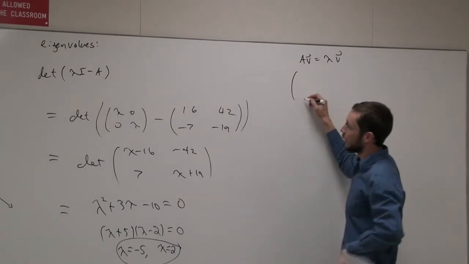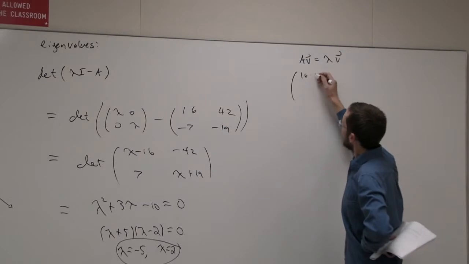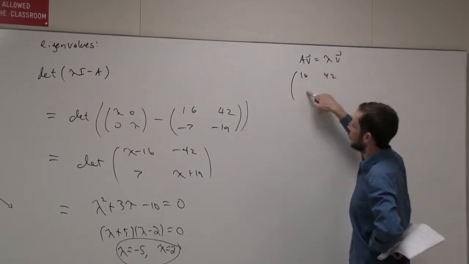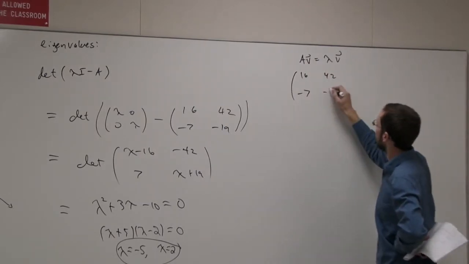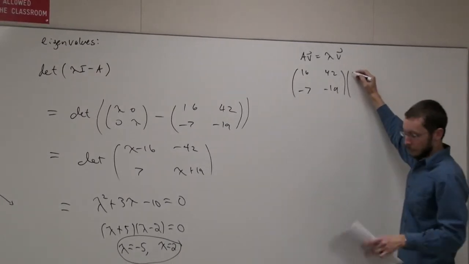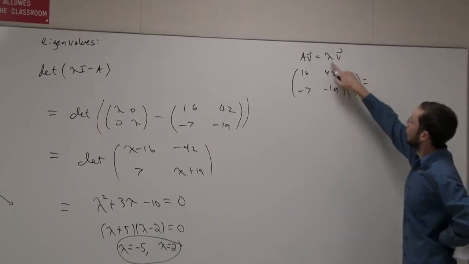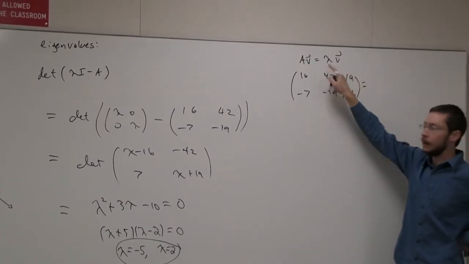So we've got our matrix A, which is 16, 42, minus 7, minus 19. Our vector, we're going to write it as (A, B), and we want it to equal 2 times (A, B).